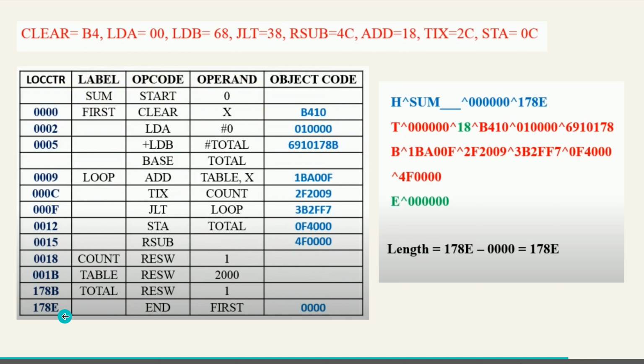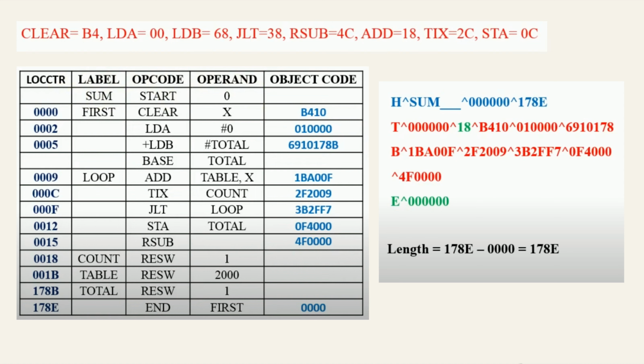The last address we saw is 178B, and the starting address is 0. So we calculate it like this, and that is equal to 178B. This is the length, which we have mentioned over here. And to fill it up, we have added 2 zeros.